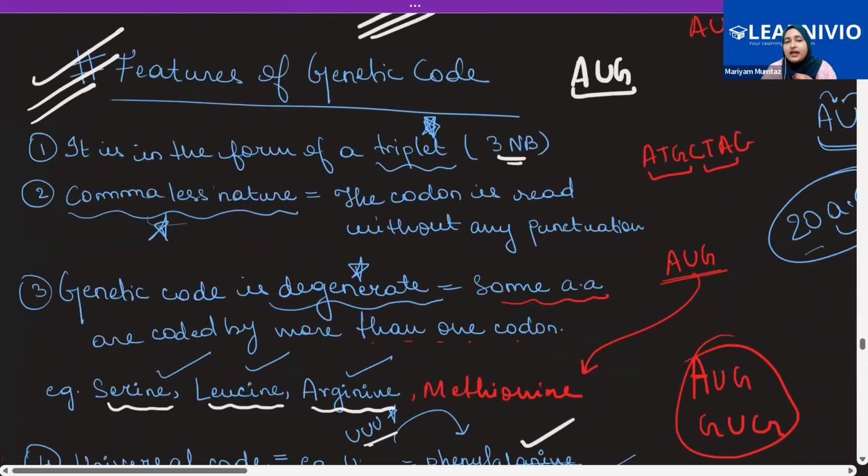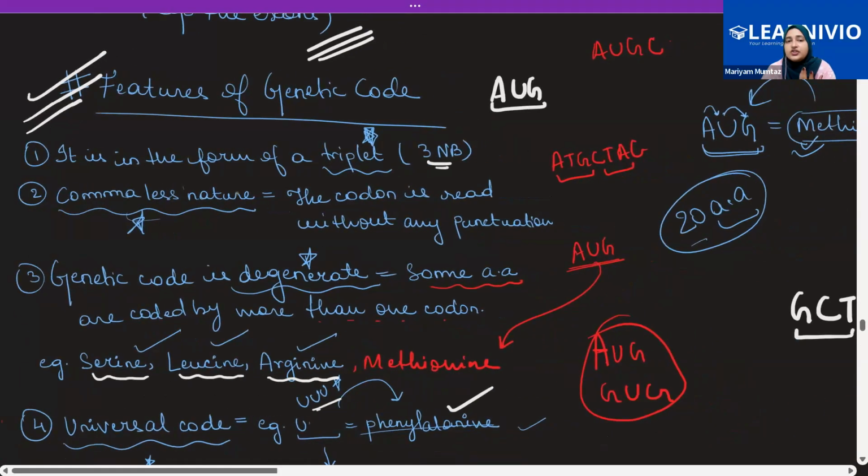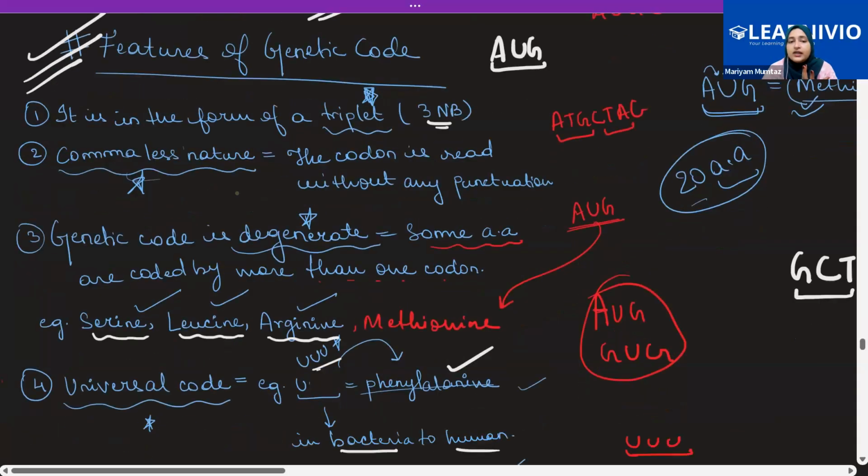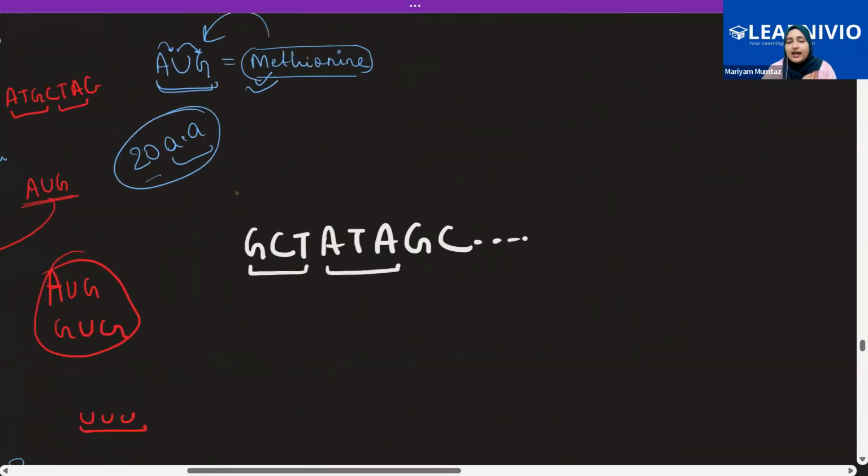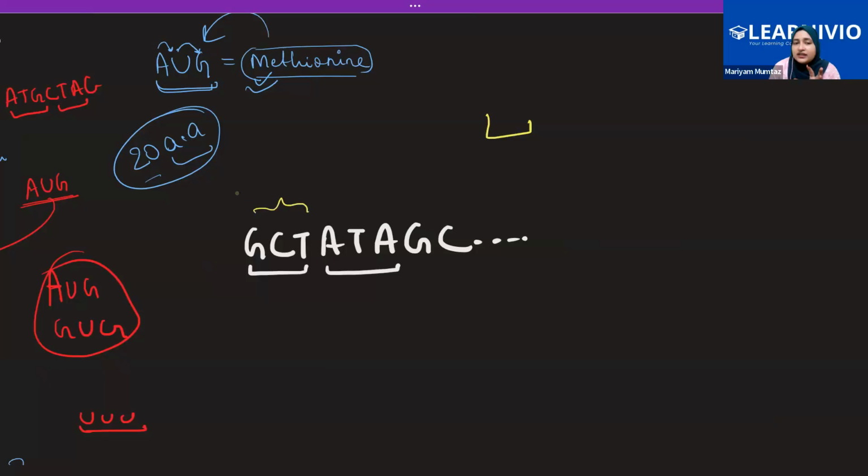After that, we have the various features of the genetic code. Like the A, G, T sequences you have seen, three of them together are called the genetic code.